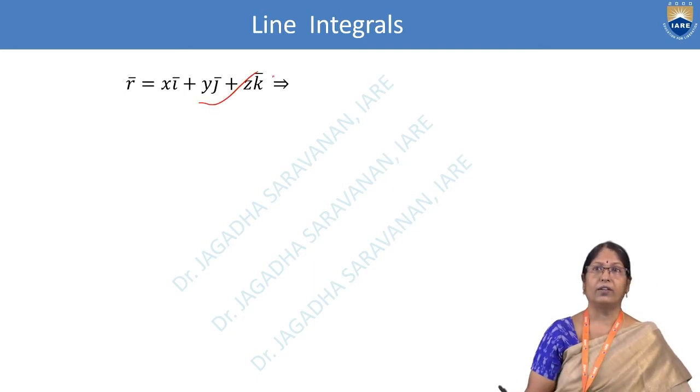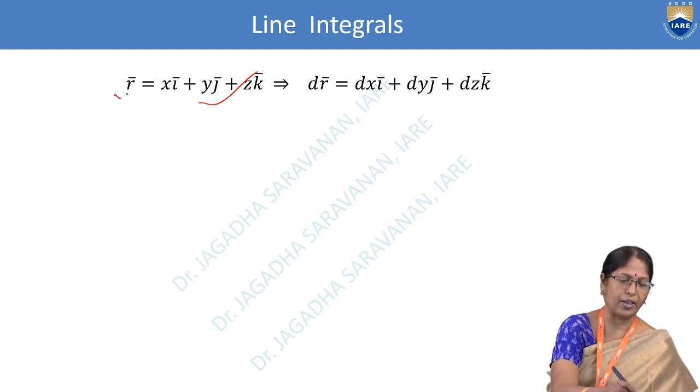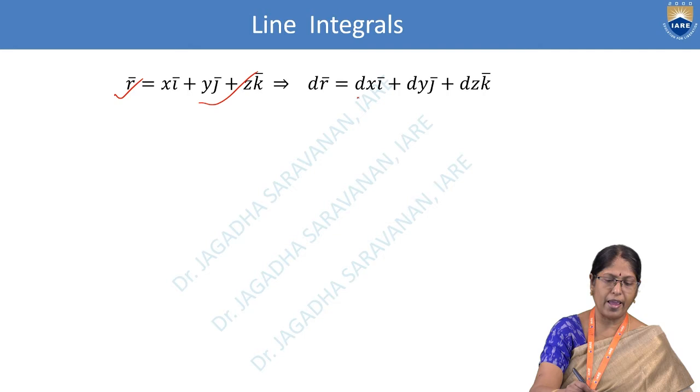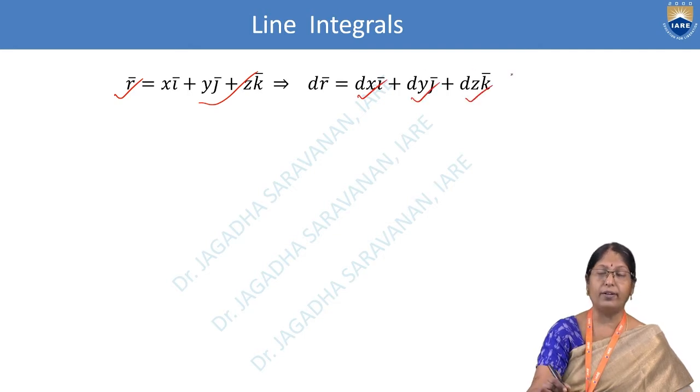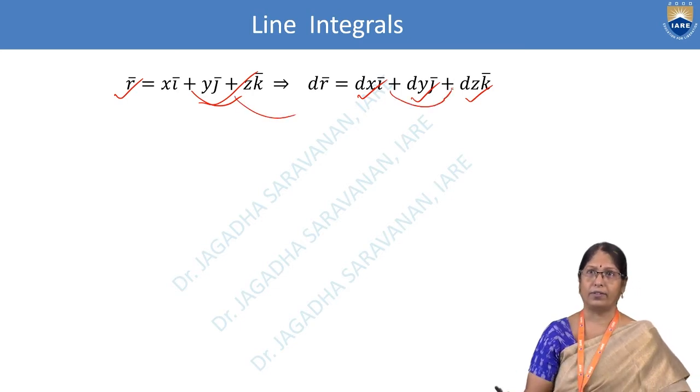The r vector is xi plus yj plus zk. The differentiation of r vector is dx i, dy j, dz k, and the plus signs are retained as they are.